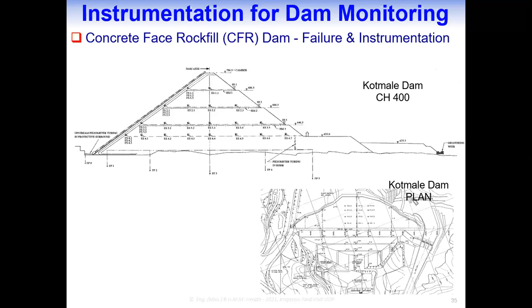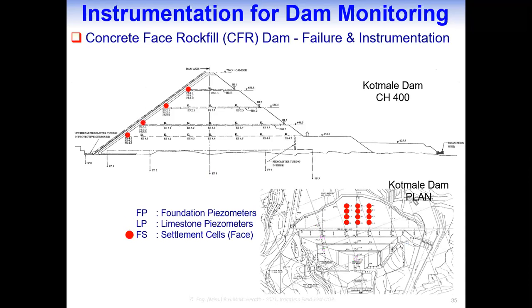So here there are instruments to measure the foundation pressures, that are foundation piezometers, as you can see here. They have been installed along the larger section of the dam and at two other locations also, and then limestone piezometers that are set to measure the pressures on the limestone layer, and then the settlement cells.